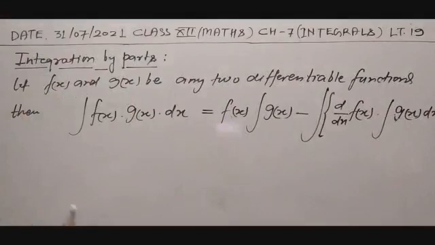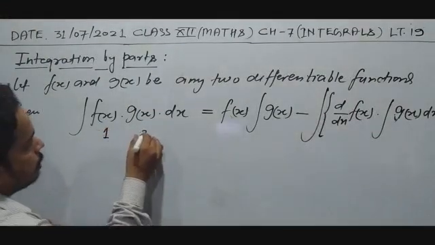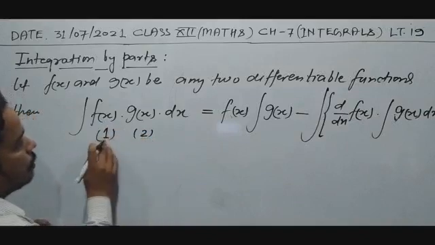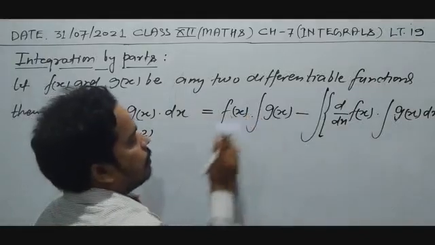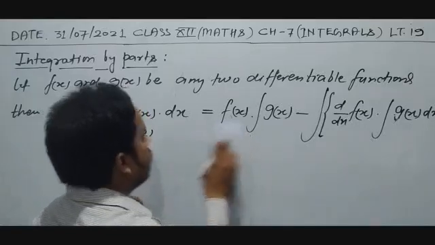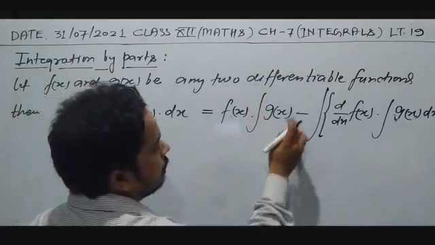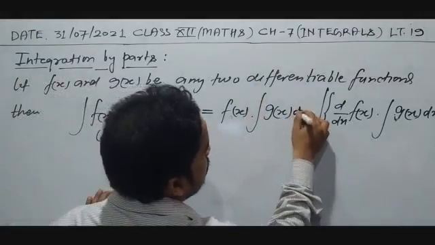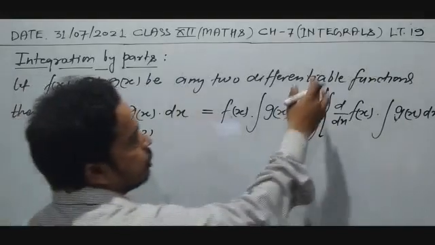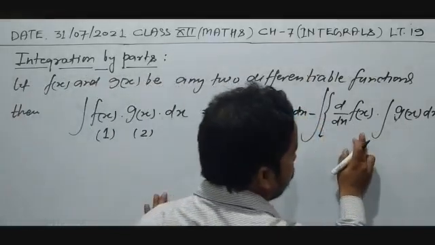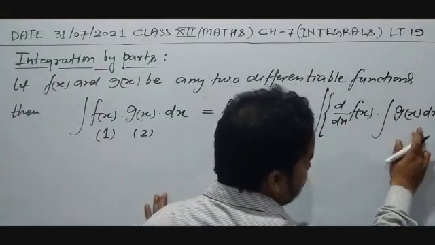So you can suppose this is the first function and this is the second function. How to integrate? The first function as it is, you copy, and integrate the second function dx, minus the integration of d by dx of the first function into the integration of the second function.